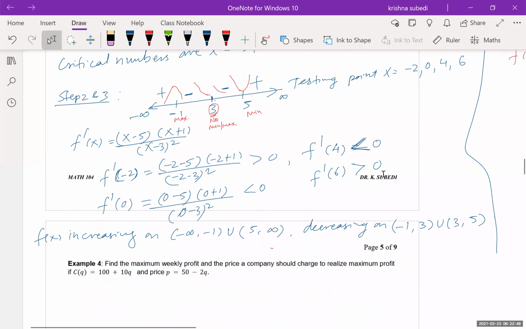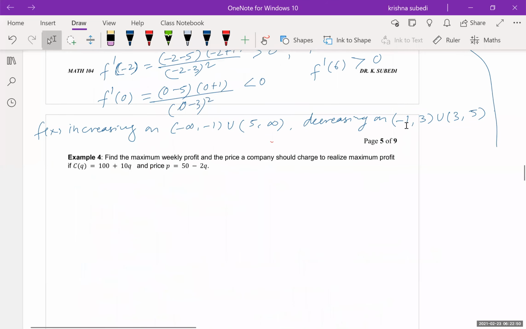let's look at one more example, one simple application of this concept in business and economics. So example 4. Guys, I want you to try this on your own, okay? First, let us look at what the question is all about.